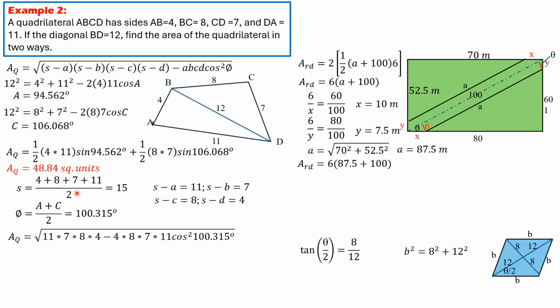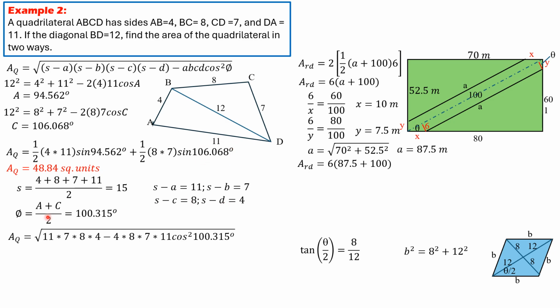For the other way, by Hero's formula, S is, treat this as A, 4 plus 8 plus 7 plus 11 divided by 2, so 15. So S minus A is 15 minus 4, 11. 15 minus 8 is 7. 15 minus 7 is 8. And 15 minus 11 is 4.